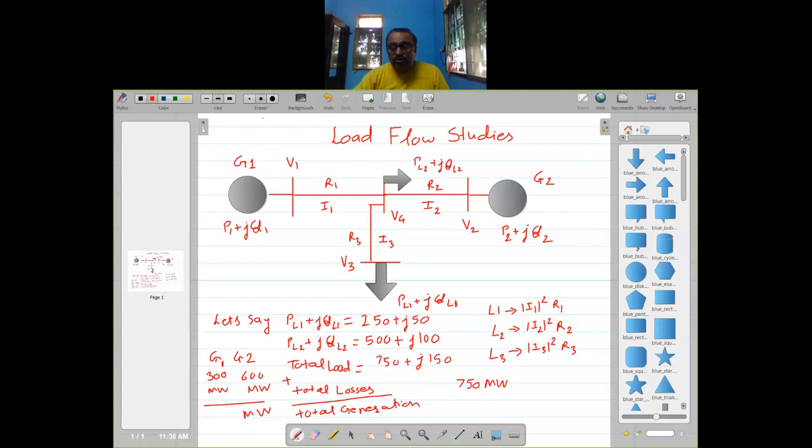This is the load, and losses are generally not more than 10%, let us assume. So 75 megawatt, or for a rough figure I will take just 150 megawatt.